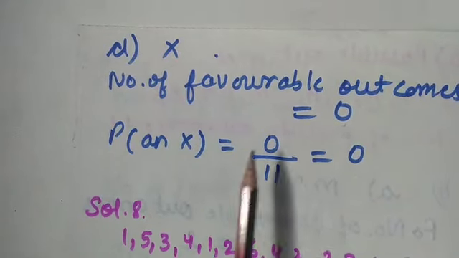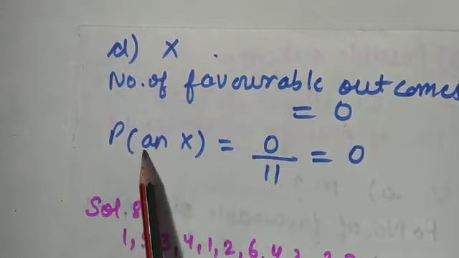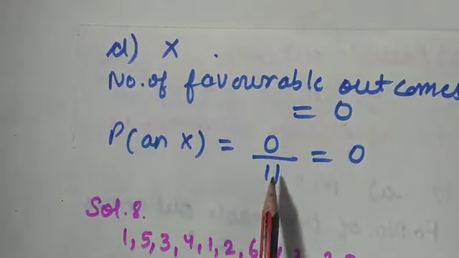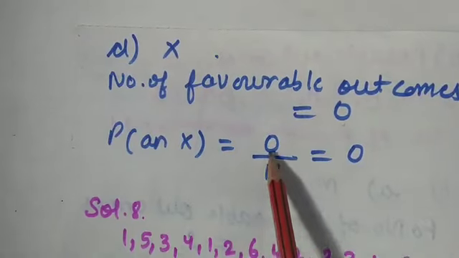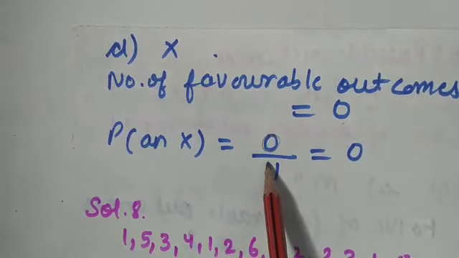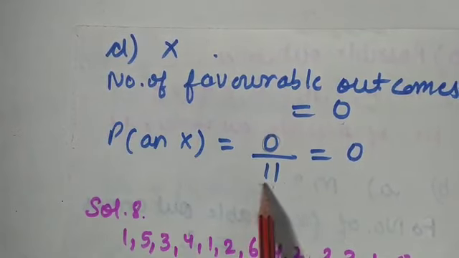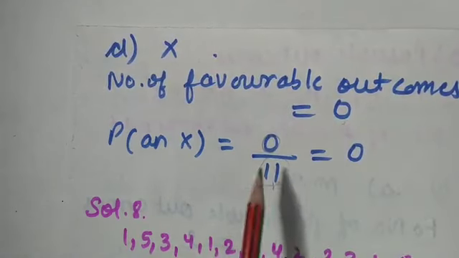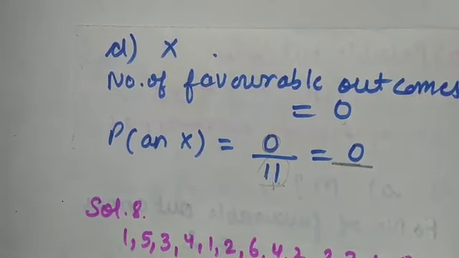So the probability of an X is the number of favorable outcomes divided by the total number of outcomes. Here we have 0 as the number of favorable outcomes divided by the total number of possible outcomes, that is 11. So 0 divided by any number is 0. So this is an impossible event. Okay, so its probability is 0.